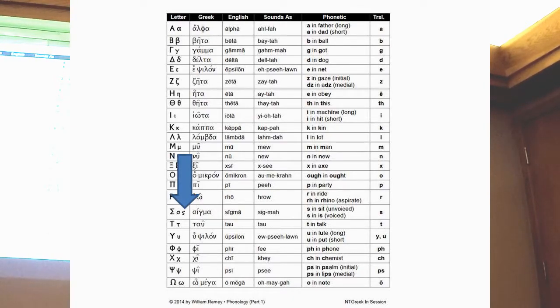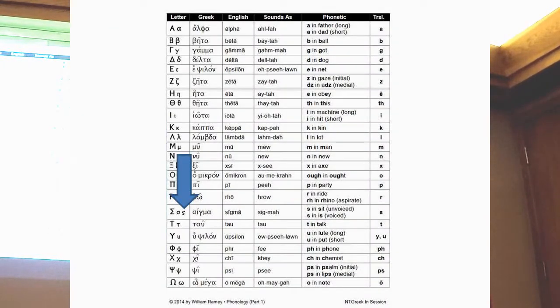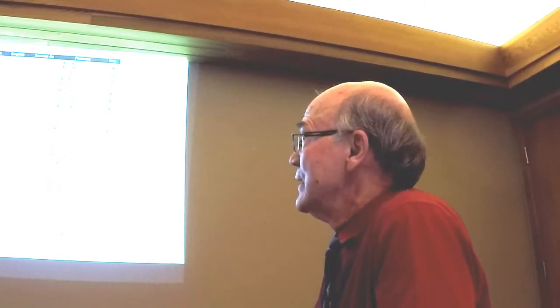When sigma is at the end of a word, the last letter of the word, it is written like this. If the sigma is in the middle of a word or the beginning of the word, it's written like this. So the sigma in small letters has 2 forms, depending whether you're in the middle or at the end. Questions?